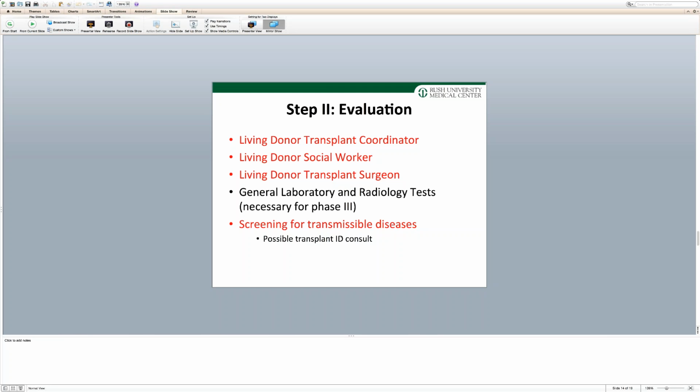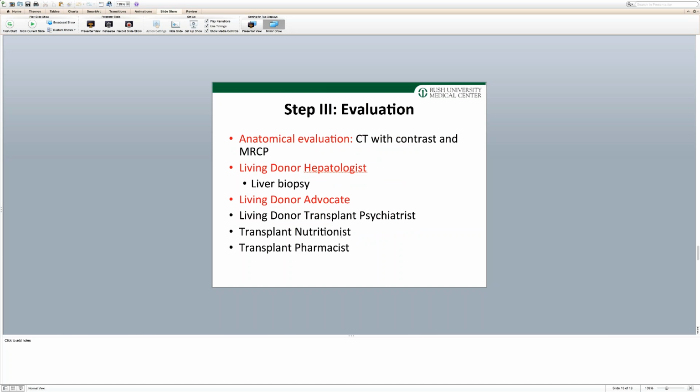If patients understand and agree with the surgical procedure of donation itself, we'll proceed to the next step, which mainly includes anatomical and medical risk evaluation.